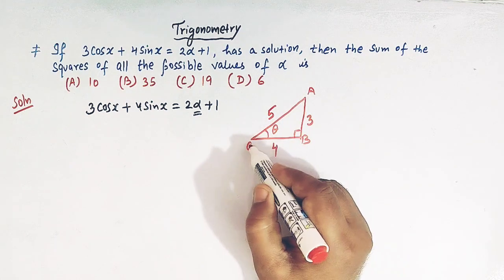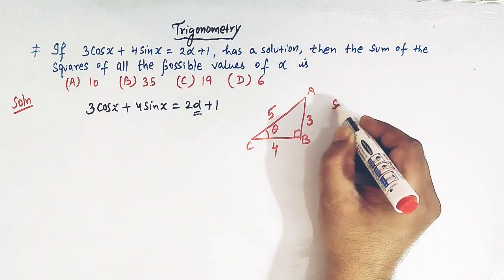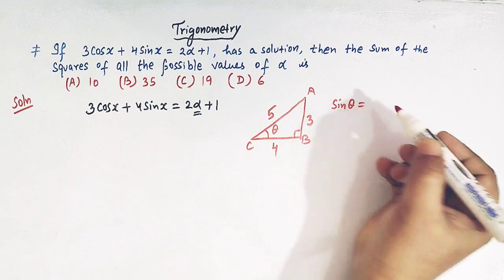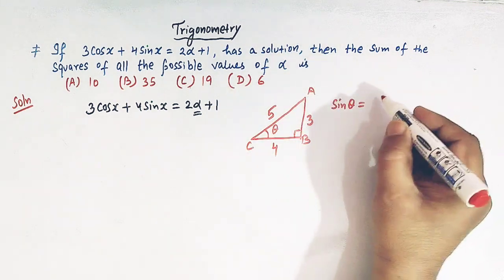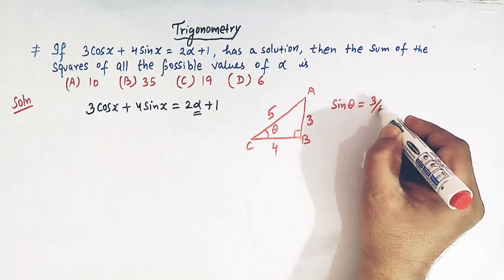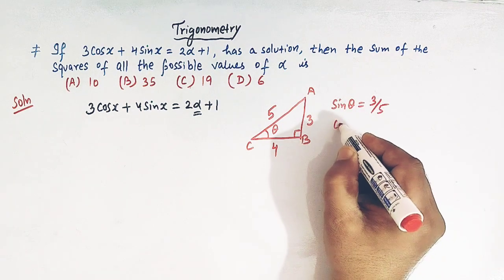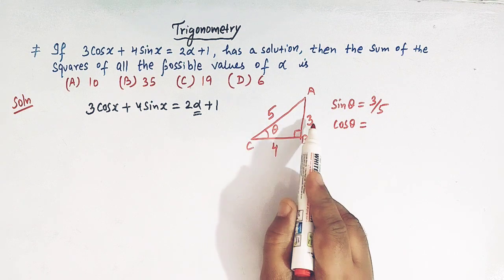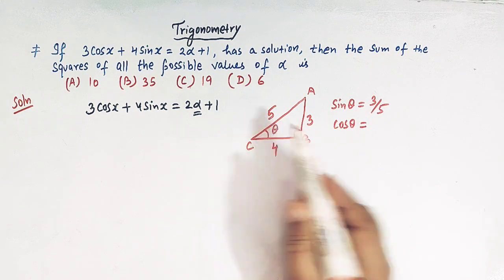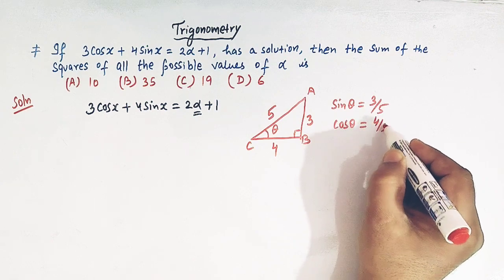So now if we take this right angle triangle and find sine theta, then sine theta is perpendicular over hypotenuse, that is 3 over 5. And cosine theta is base over hypotenuse, that is 4 over 5.